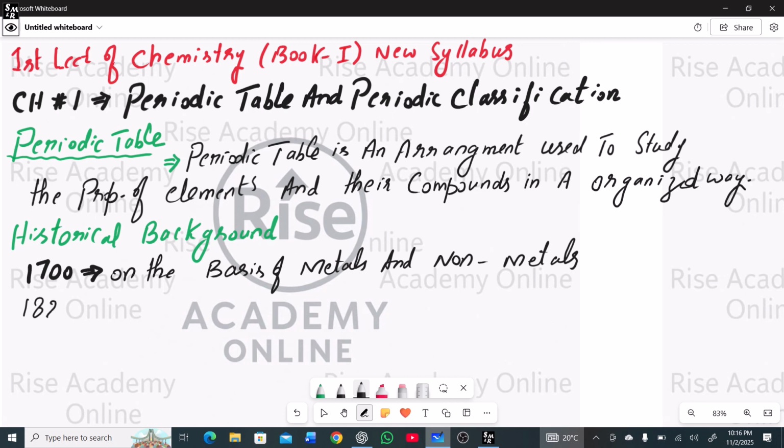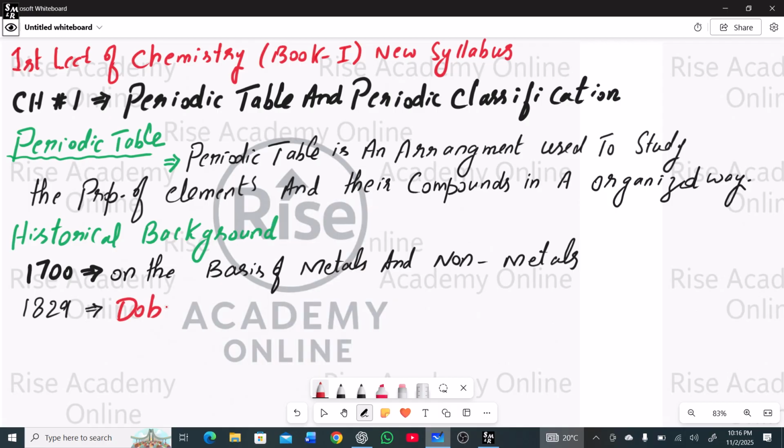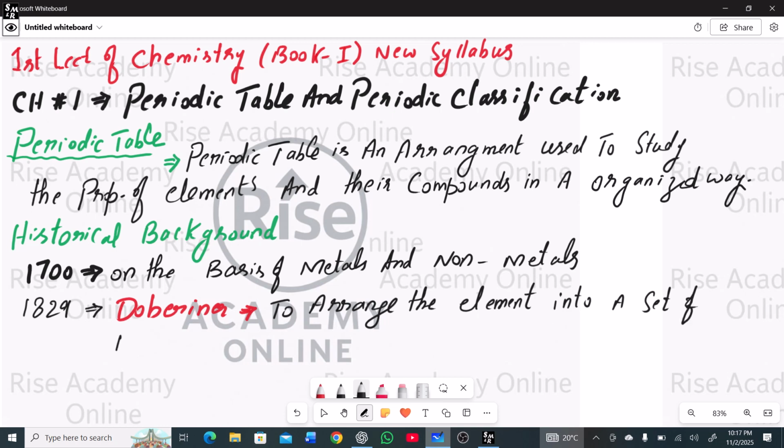After that the major effort was done by Dobereiner in 1829. Dobereiner made the very first effort to arrange the elements into a set of 3.